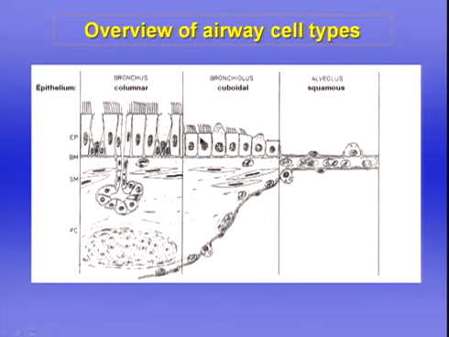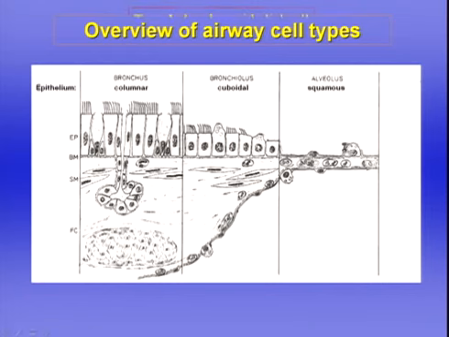Then as we go further down, the height of the epithelial cells decreases, but they are still ciliated, until finally we get to the alveoli, where the cells are very flat, so-called squamous in character. And here's a type 1 epithelial cell here, and here's another type of epithelial cell here.